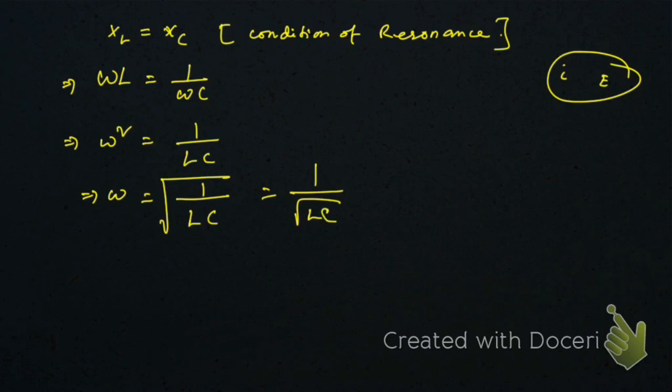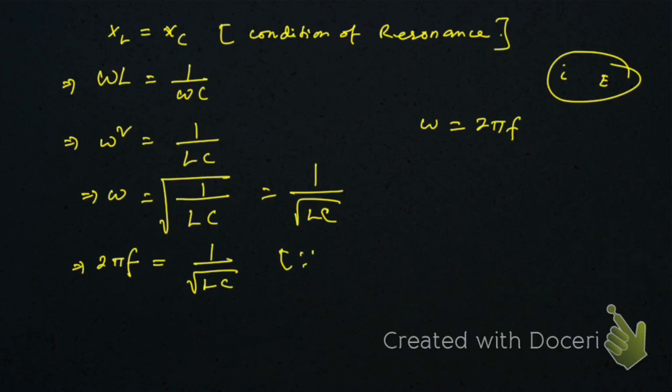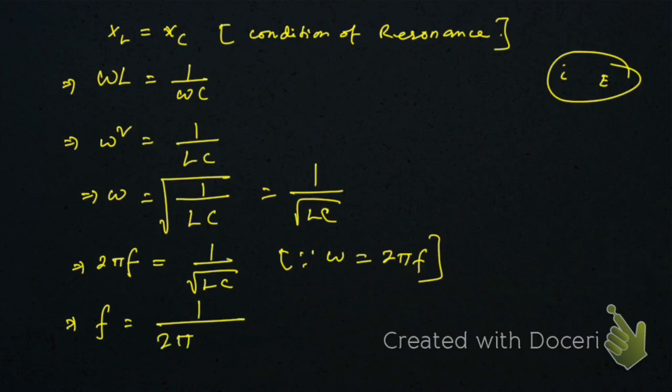Again, we know that omega is equal to 2 pi F. Since we have used omega equal to 2 pi F, from here your F will be equal to 1 by 2 pi root over LC. That's what we will get.